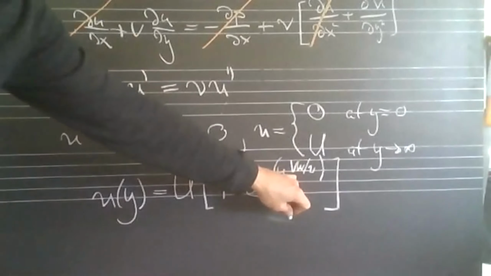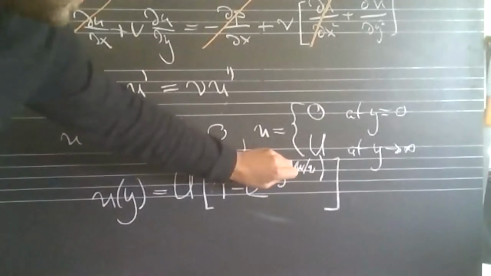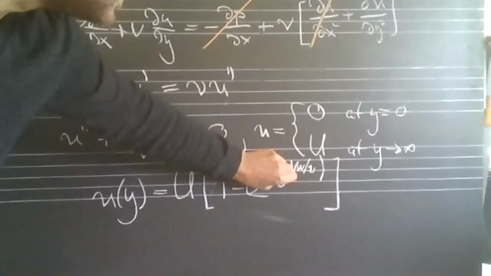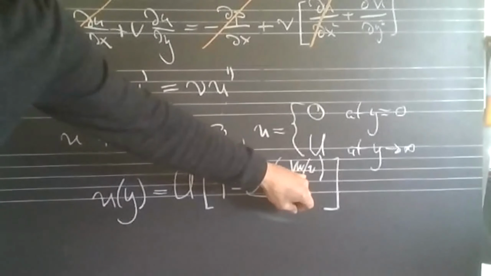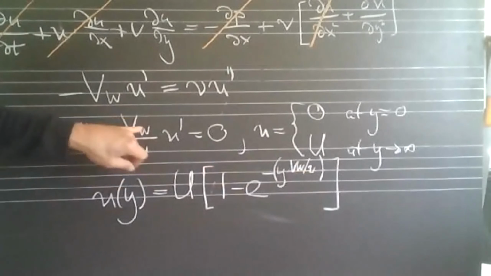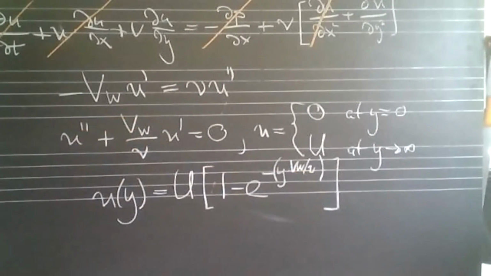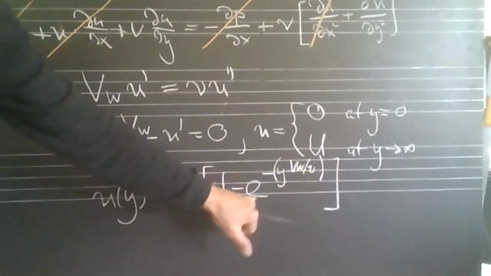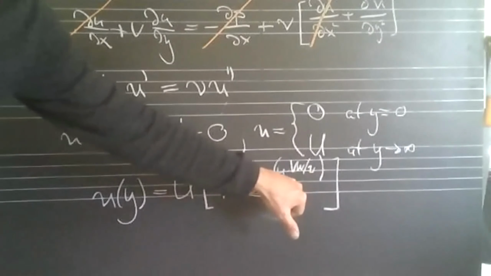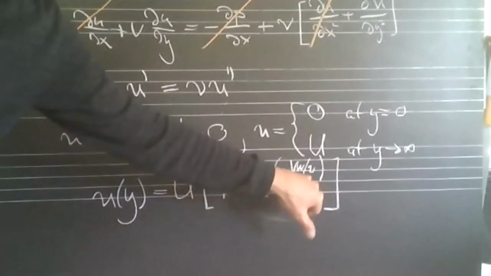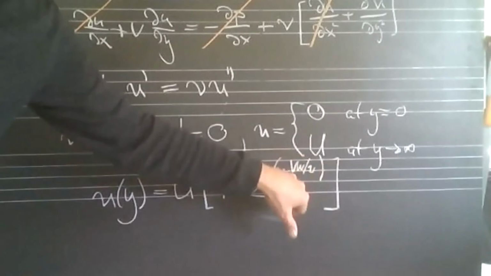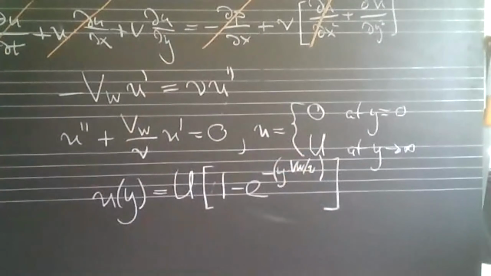I hope you can read this. And this is minus y times VW over nu, this factor here. So what is this? This is just an exponentially decaying function, and it's decaying with nu over VW as a length.